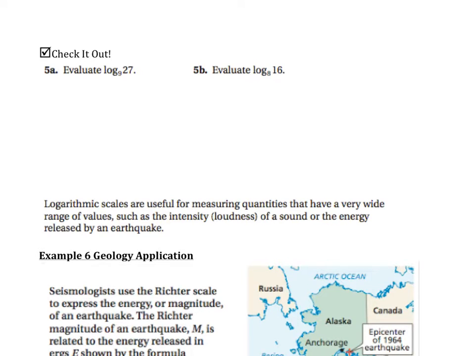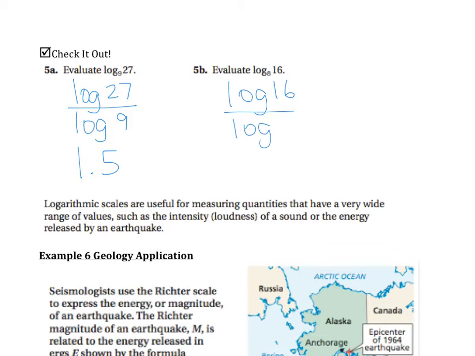So remember, to change bases, it's always what you're taking the log of first over the log of the base. Putting that in the calculator, you get 1.5. So log 16 over log of 8, which is 1.3 repeating.